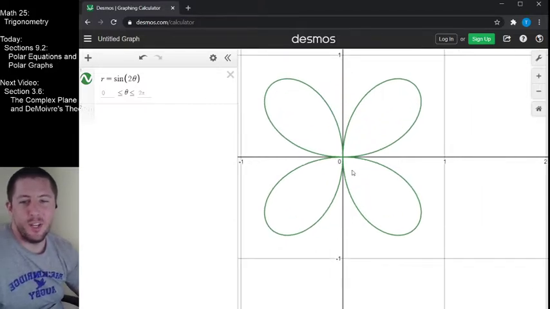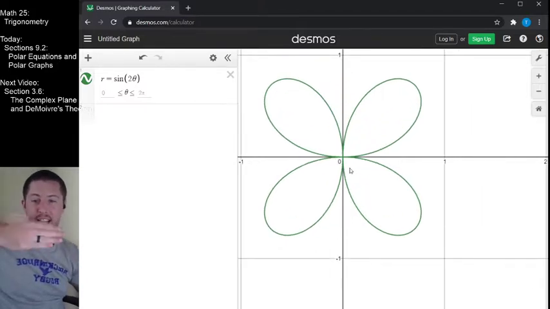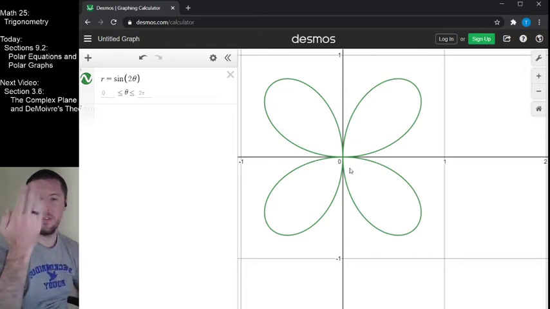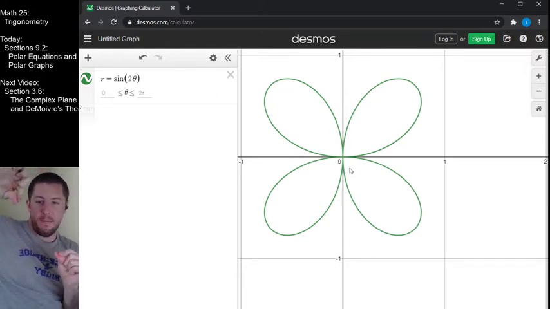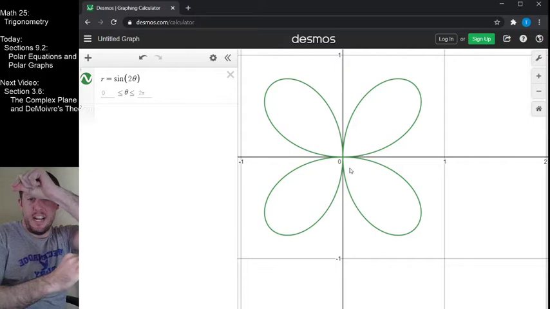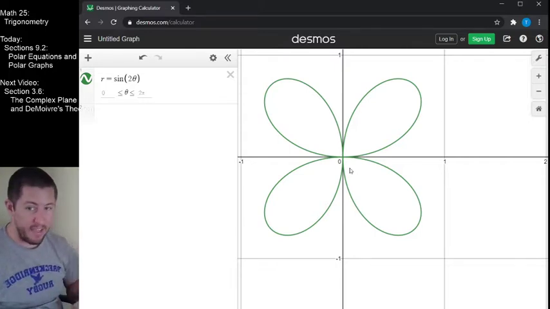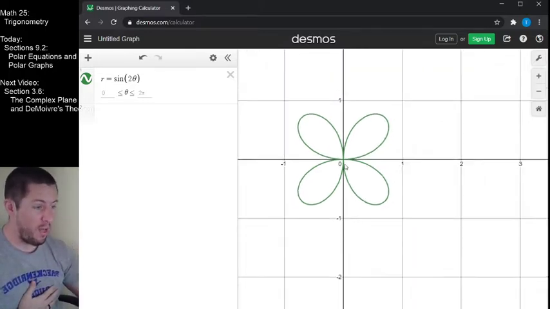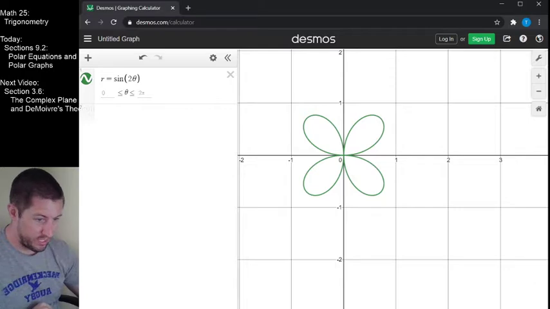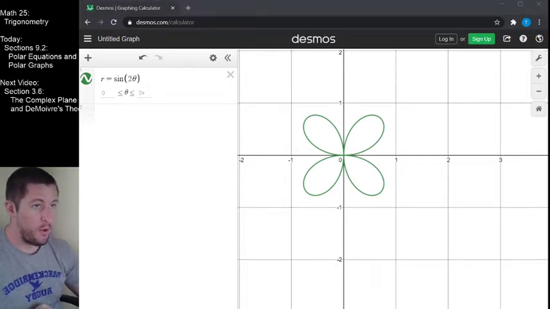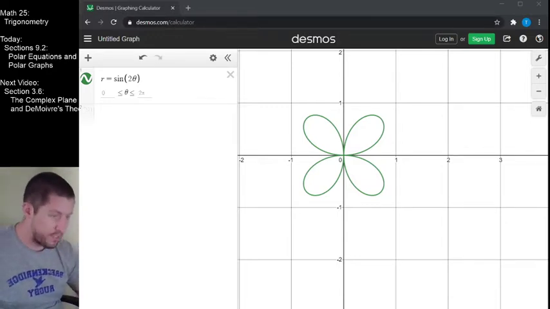What I'm seeing here is it looks like we do have symmetry over the x-axis. We do have symmetry over the y-axis, and if I were to grab this graph and rotate it by 180 degrees, it lands back on itself again. So we got all three symmetries, the x-axis, the y-axis, and rotational symmetry for this graph right here.